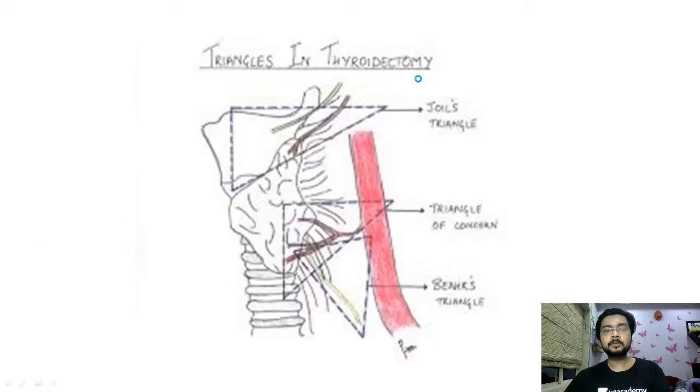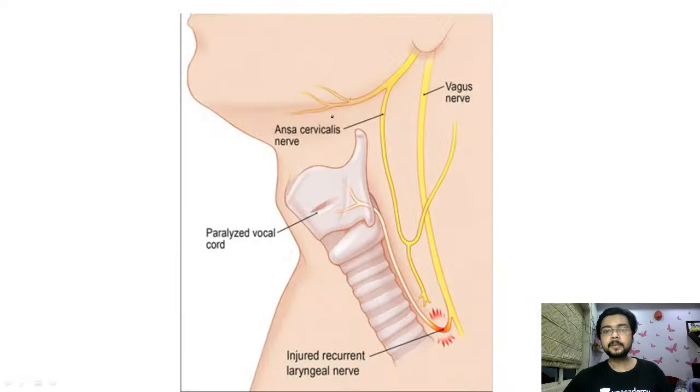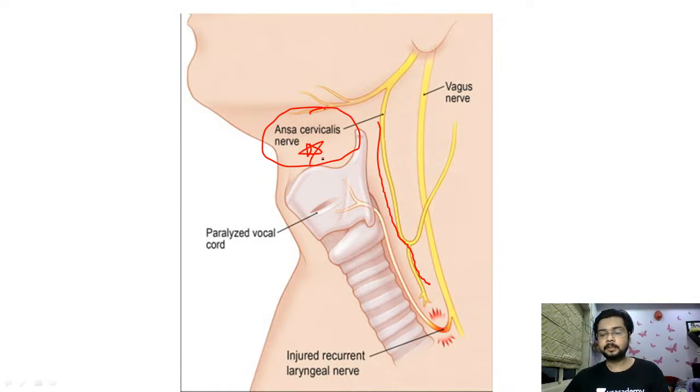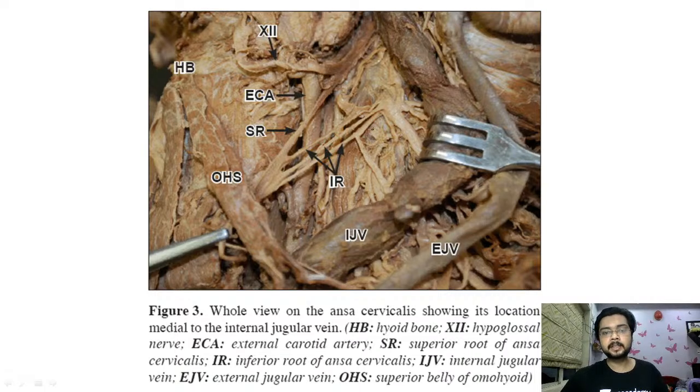Now coming to the ansa cervicalis, the third option. If we see this ansa cervicalis nerve, here you can again see that it is in the area of the thyroid, so it is also in relation with the thyroid gland. This is a cadaveric section where you can see the sternocleidomastoid muscle is retracted and the internal jugular vein is retracted. This is the omohyoid muscle, and here you can see different branches and segments of the ansa cervicalis.